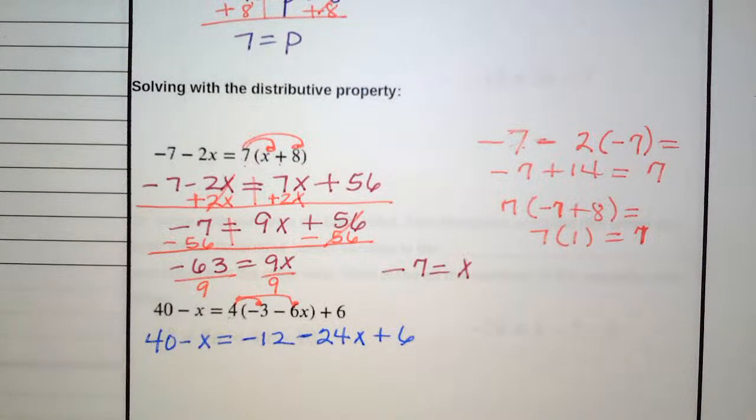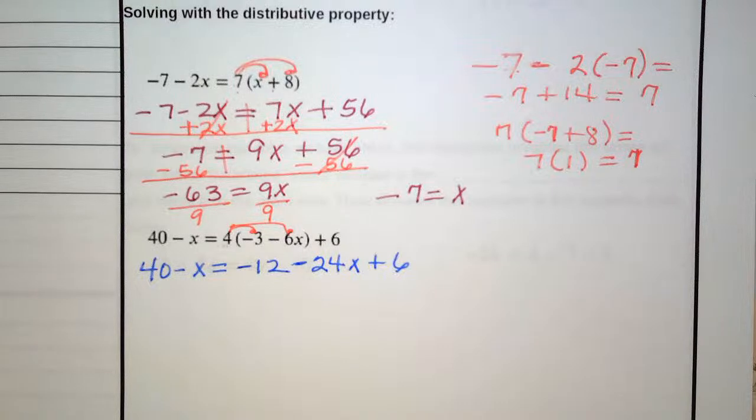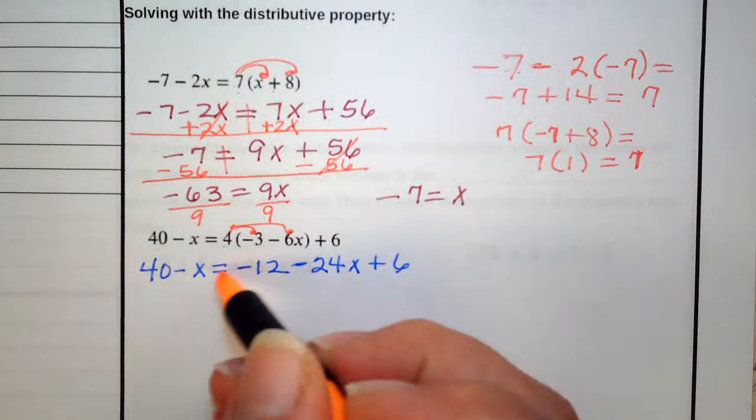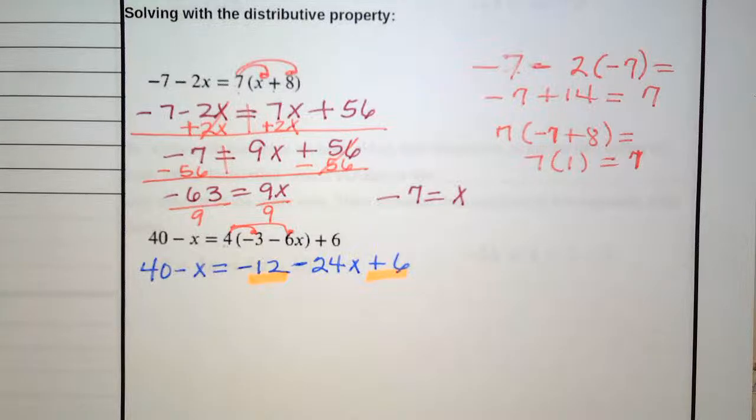Are both sides simplified? No. I've got my numbers that I can add together. I've got negative 12 and I've got positive 6.